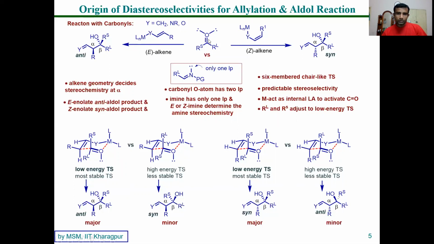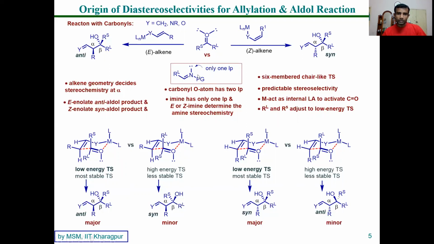What is the difference between a carbonyl and an imine as an electrophile? This is a very important point. Please remember, a carbonyl has two lone pairs, so it has the luxury to coordinate either through this lone pair or the other one, depending on which gives a more stable, lower energy transition state.